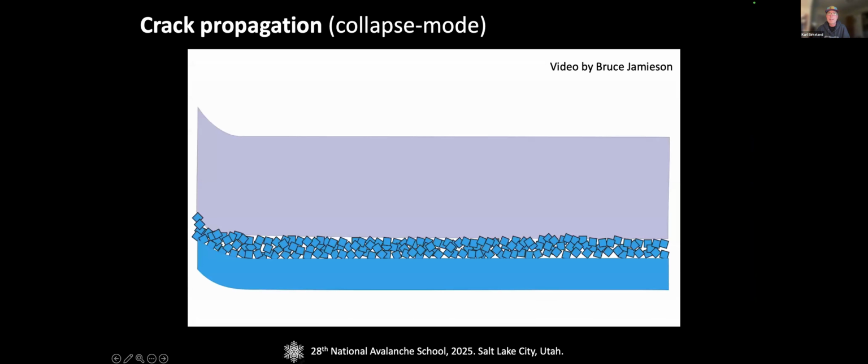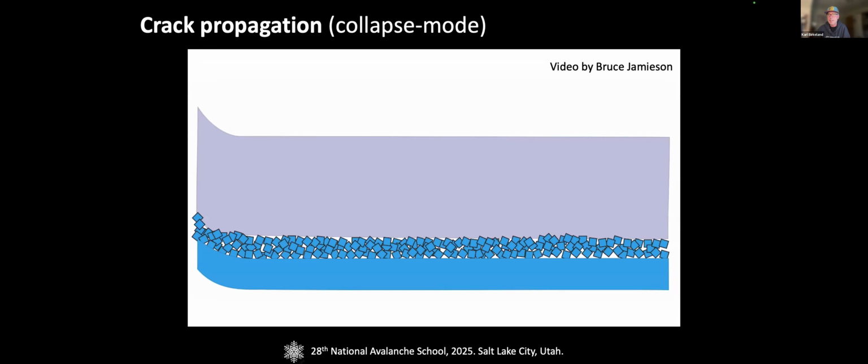So just quickly, an example of crack propagation. This is collapse mode crack propagation. Propagation is simply the spontaneous expansion of a crack, or a crack growing without any input of outside energy. The most important mode for triggering avalanches is this collapse mode for human triggered avalanches.